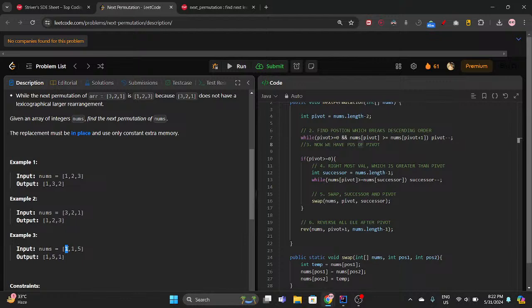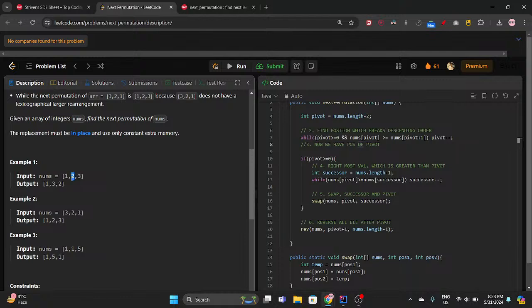So what happens is, find the rightmost value. Descending order, right? Oh my god, why is this again? Is this descending order? No, this is ascending order. We don't want ascending order, we want descending. So this is our pivot.